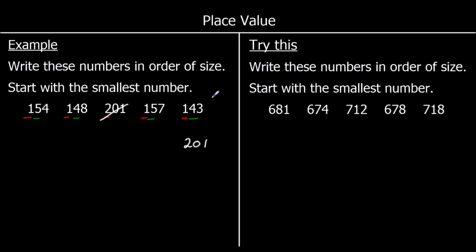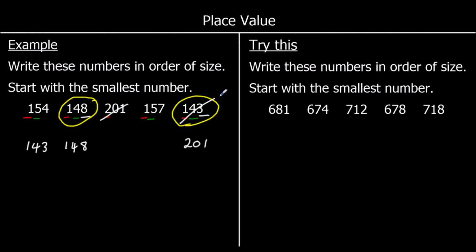They're the two smallest numbers. And which one's the smallest? We'll look at the ones, and 3 is smaller than 8, so 143 is the smallest number, and then 148.